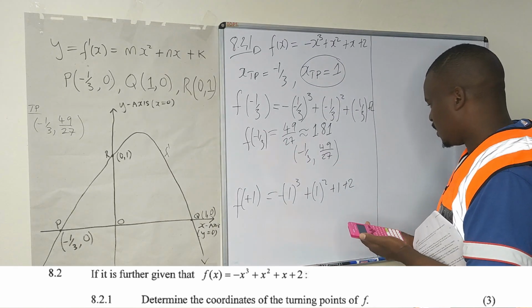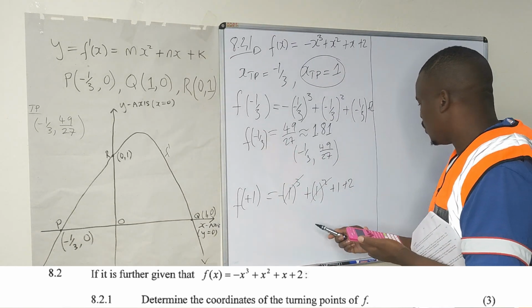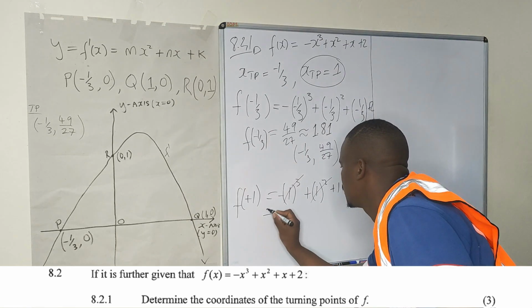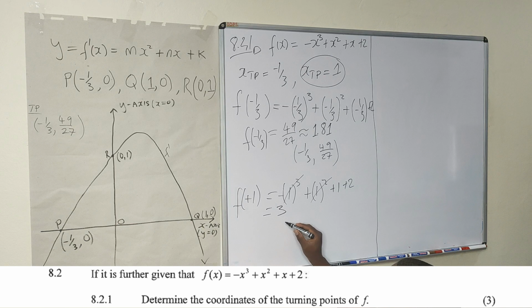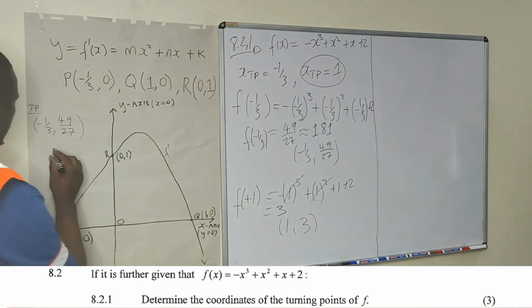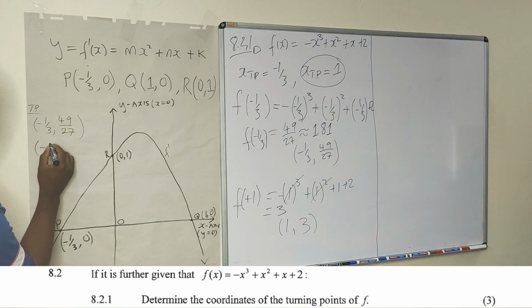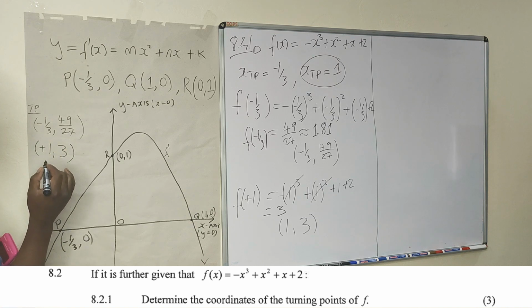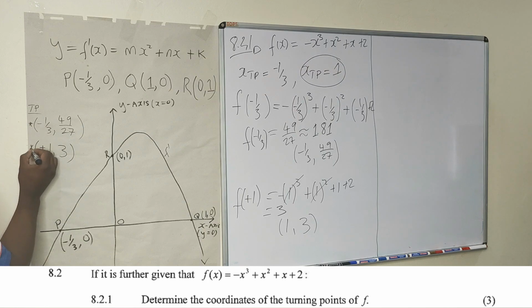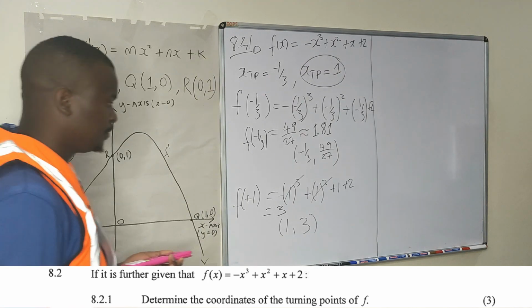And then you punch this in your calculator and find this, and this go away. You're left with 3. So your coordinates are 1 and 3. So your second x coordinate is +1 and 3. Yes. So these are the coordinates of your turning points on this function.